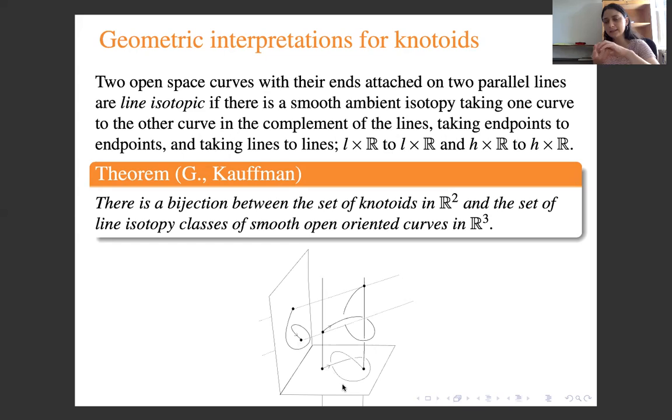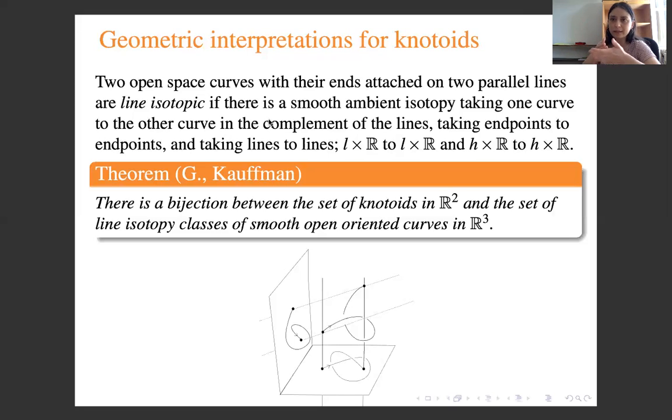To obtain a corresponding isotopy relation over the space curves corresponding to the knotoid isotopy in the plane, we define line isotopy. We say that two open space curves with their ends attached on two parallel lines are line isotopic if there is a smooth ambient isotopy taking one curve to the other in the complement of the lines.